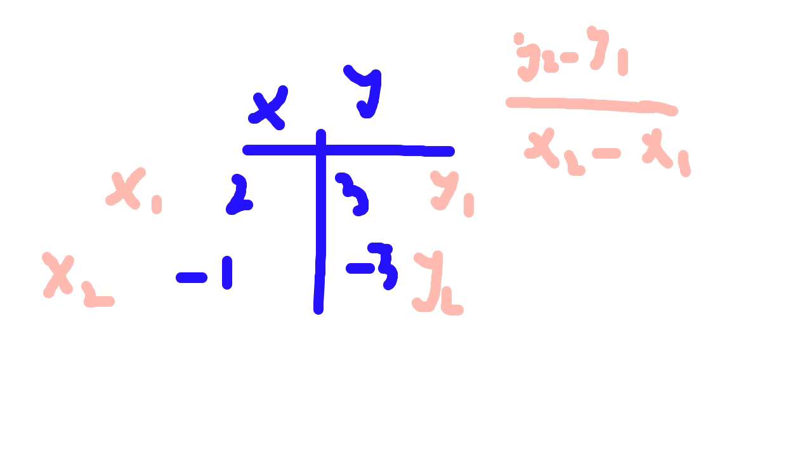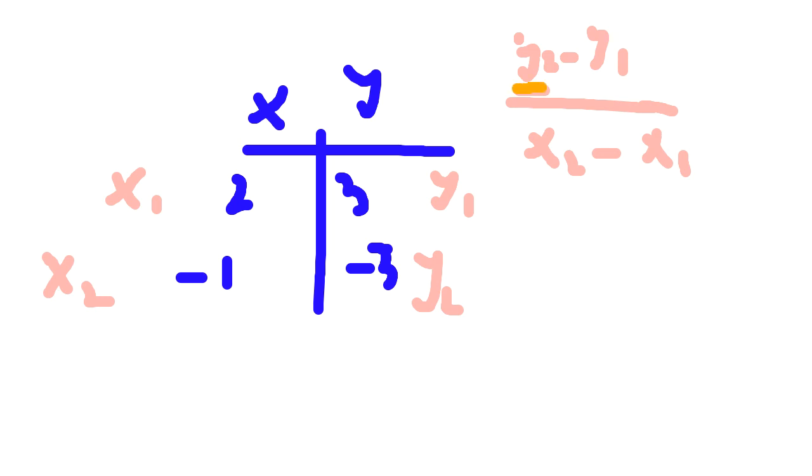With that being said, I'm going to plug in the numbers. I'm going to do this over here because I have room, and I'm going to do it in a different color to help y'all out.